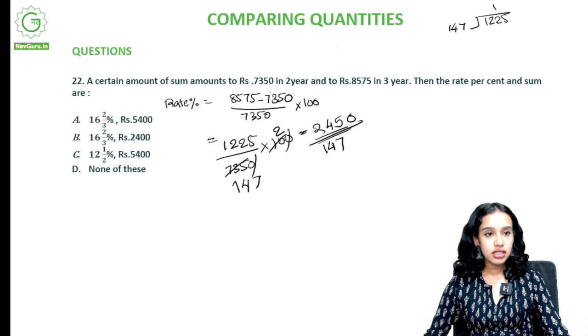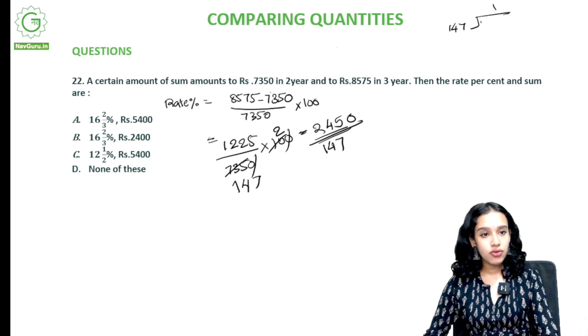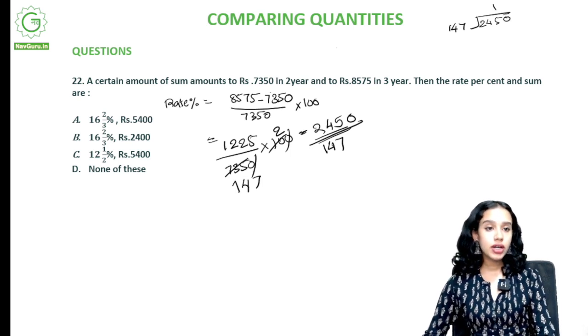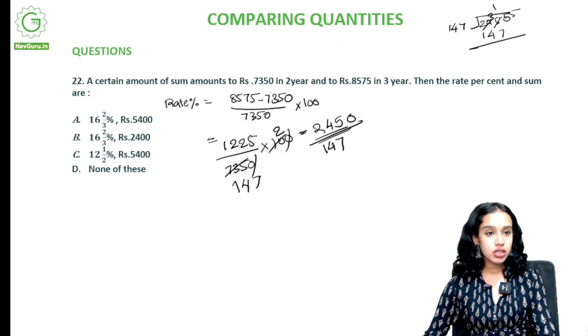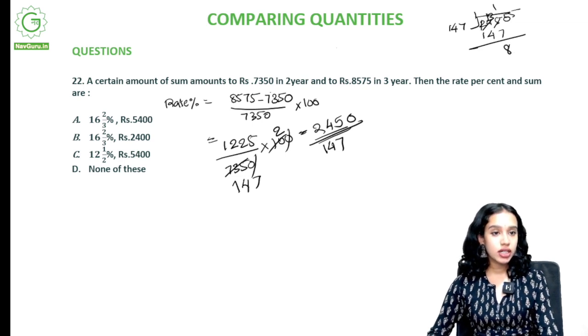So 2450 divided by 147. So 1 into 147 we get 147, and the remainder, this becomes 15, this becomes 3, 7 and 15, 8, this becomes 13 and 1.